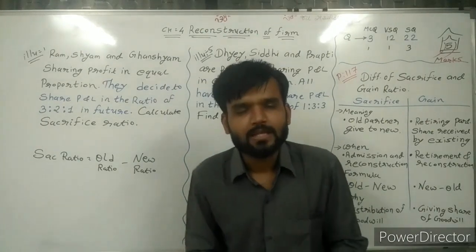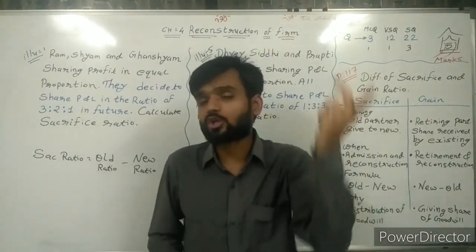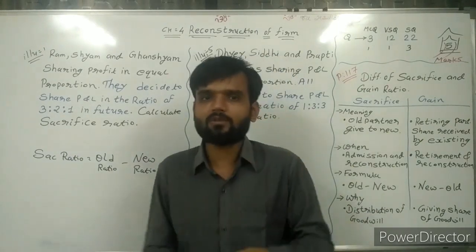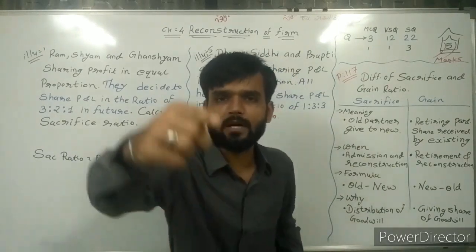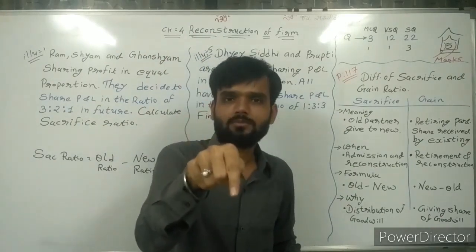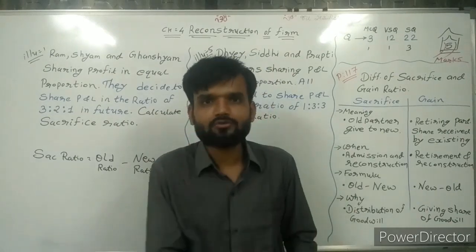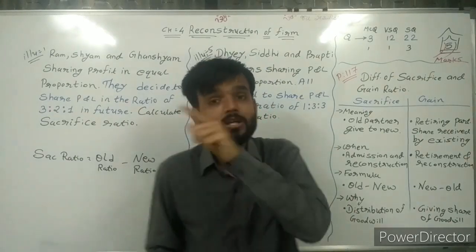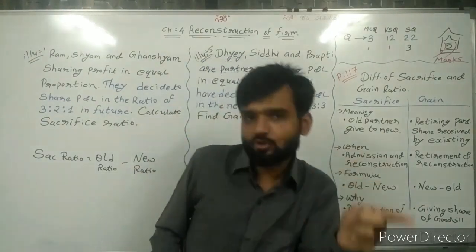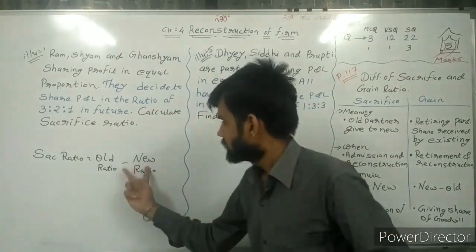Simple. Now, gain ratio. How can I find the gain ratio? Suppose your past salary was 20,000 and you now get 25,000. So you are getting 5,000 more; 5,000 is your gain. How can we find it? New 25,000 minus old 20,000 is my gain.